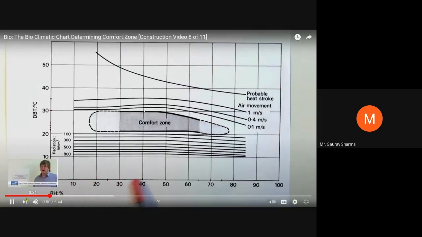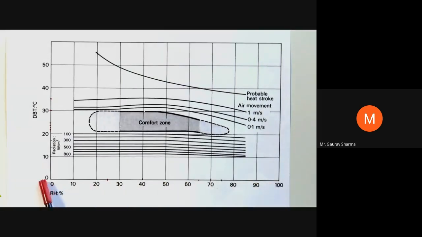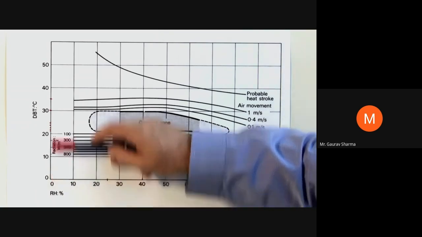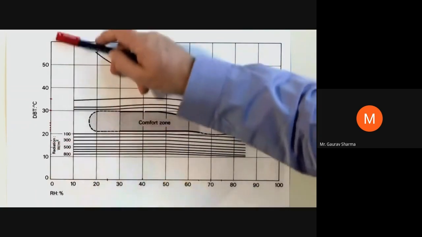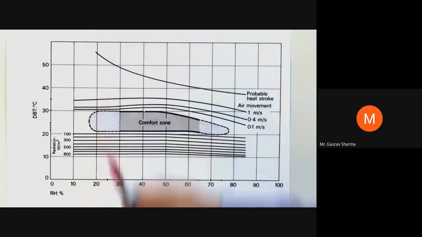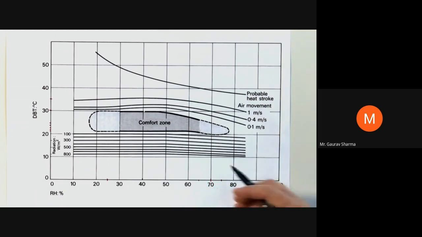On the x-axis, we have the relative humidity. On the y-axis, we have the dry bulb temperature. The relative humidity is easy to plot. In the exercise of a few minutes ago, we had a relative humidity of 70%.